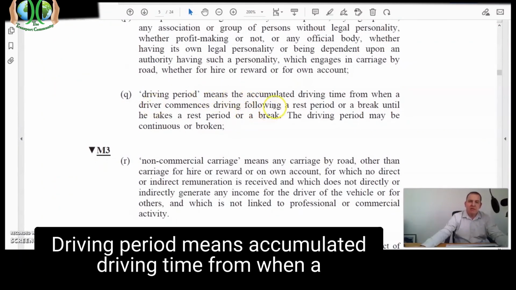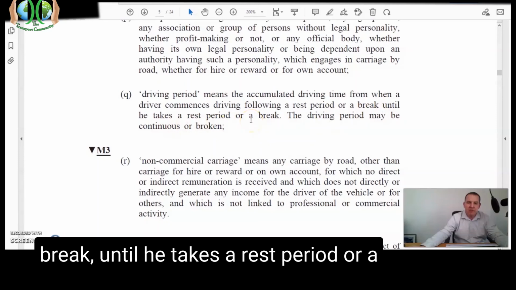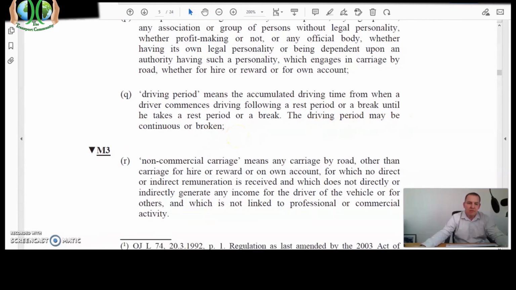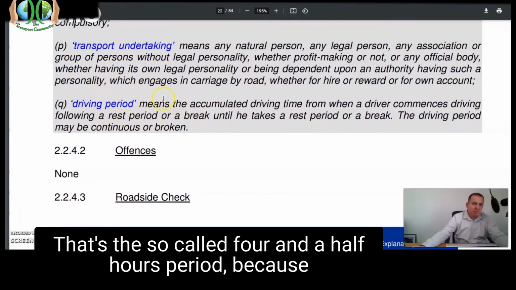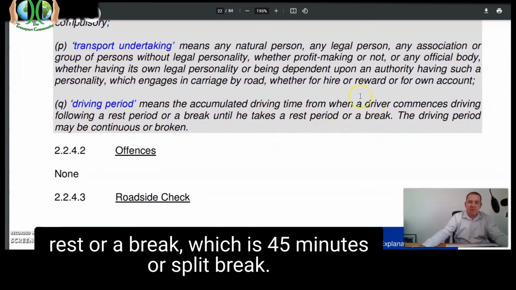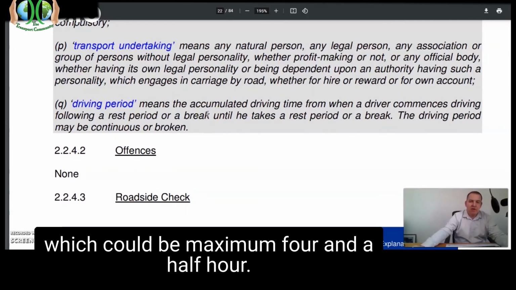Driving period means the accumulated driving time from when a driver commences driving following a rest period or a break until he takes a rest period or a break. The driving period may be continuous or broken. Okay, that's the so-called 4.5 hours period, because following a rest or a break until he takes the next rest or a break, which is 45 minutes or split break, but the driving period is actually that particular driving period, which could be maximum 4.5 hours.